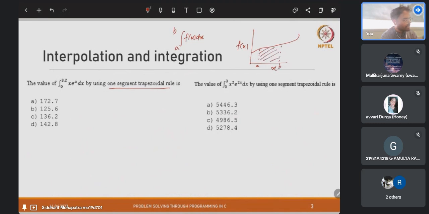So what I do is I take this to be a trapezium. I can take multiple trapeziums actually.